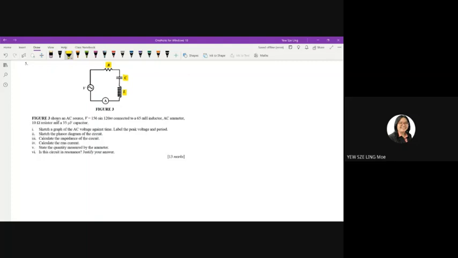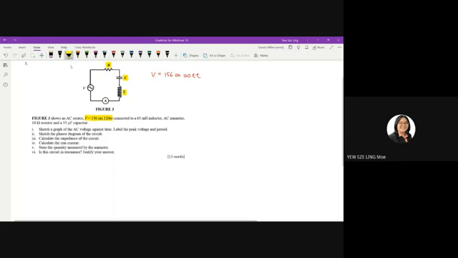Figure 3 shows an AC source, V equals 156 sine 120 pi t. You are given an equation. Remember what I told you before? Whenever you are given an equation, always compare it with the general equation.